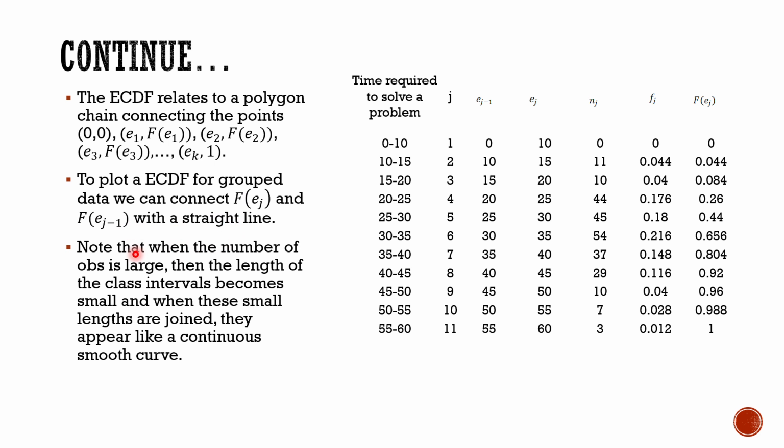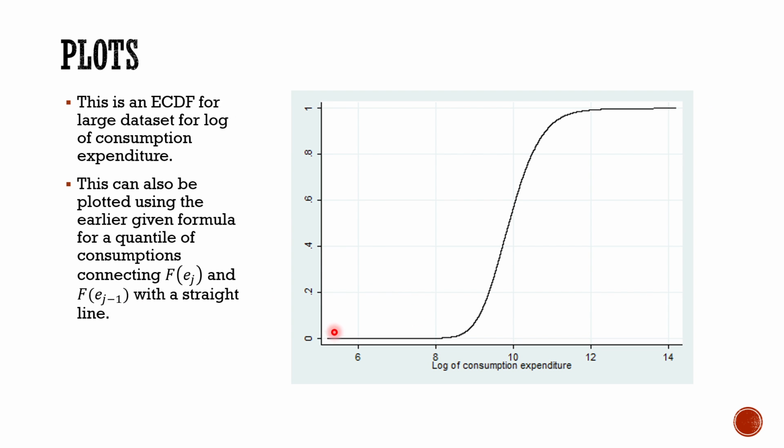Note that when the number of observations is very large, you have a large sample, then the length of the class interval becomes small, and when we join those small lengths, it looks like a continuous smooth curve. So this is an ECDF for a large data set for log of consumption expenditure.